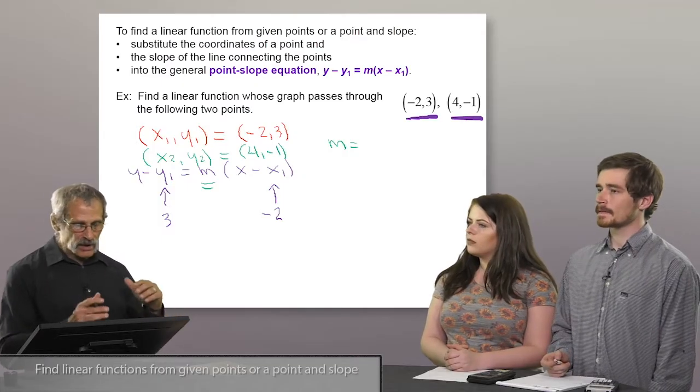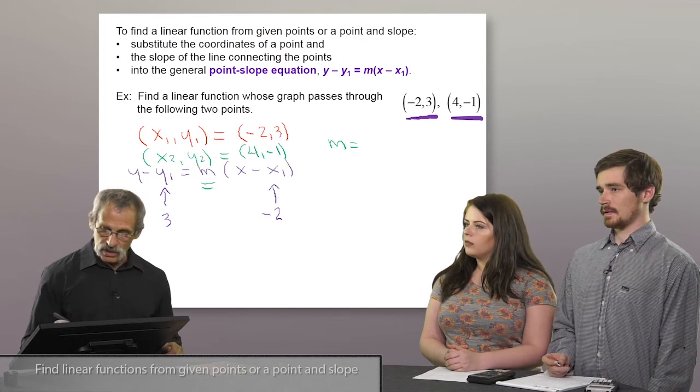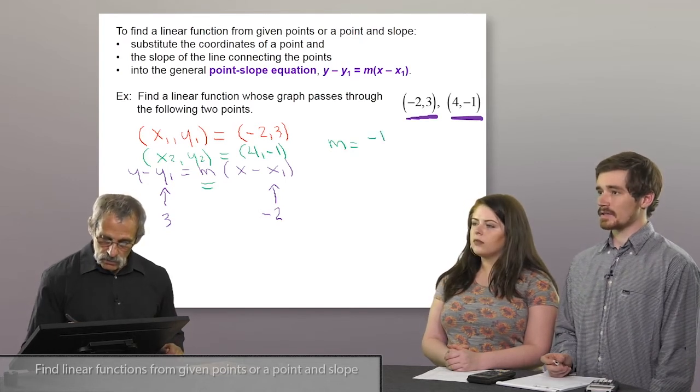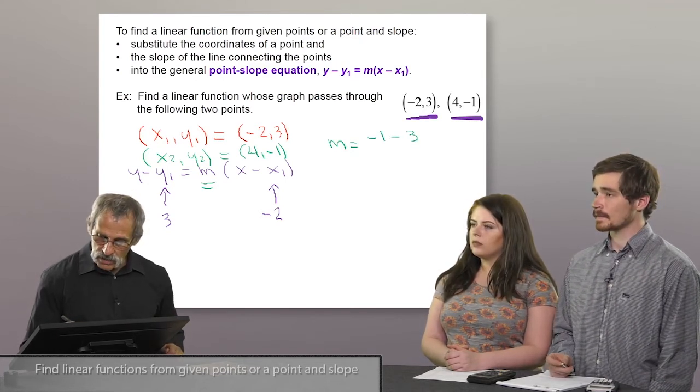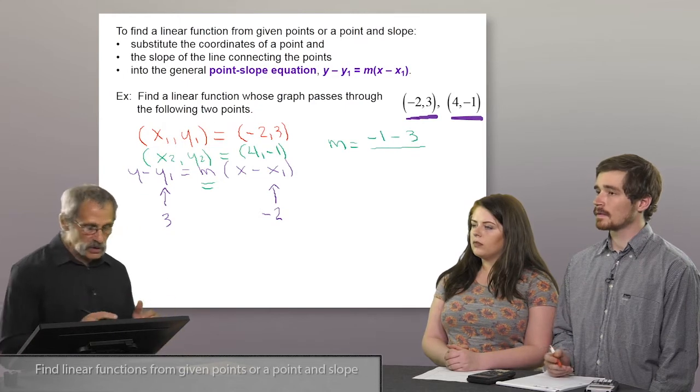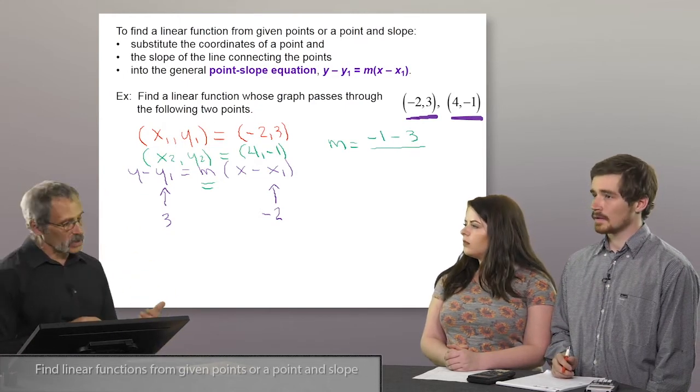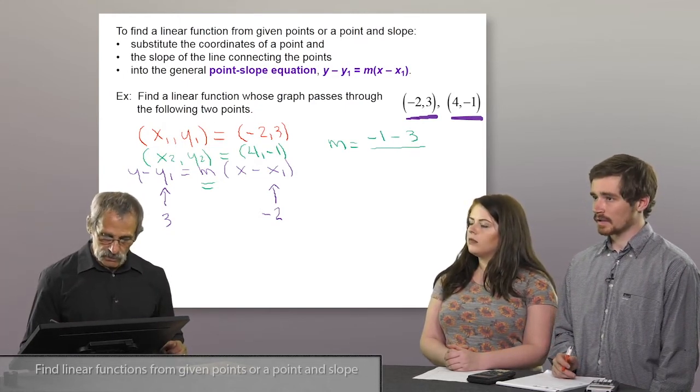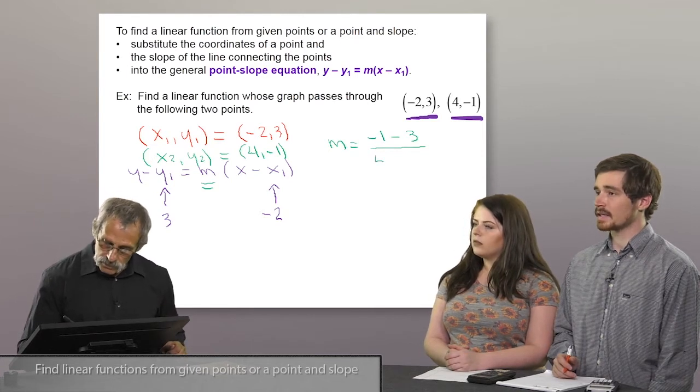That would be negative 1 minus 3, over x2 minus x1, which would look like 4 minus negative 2.